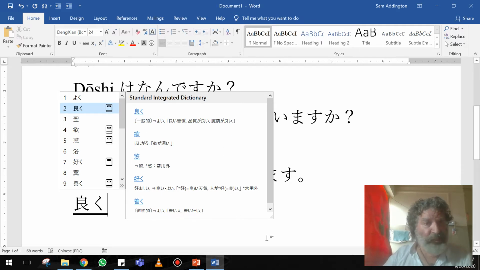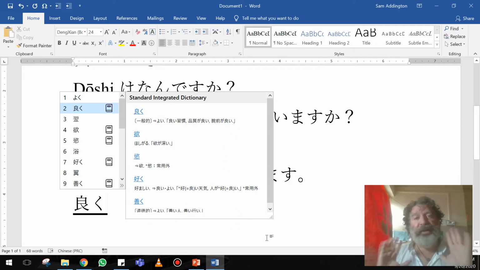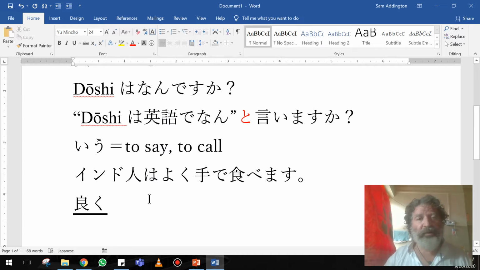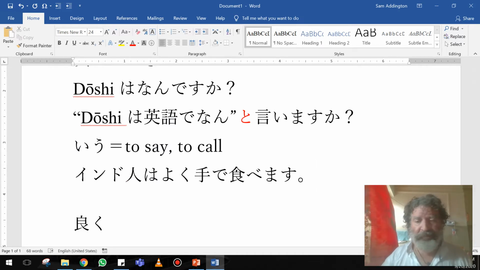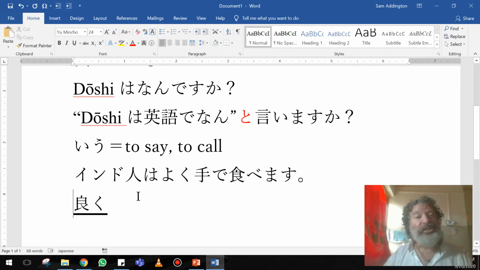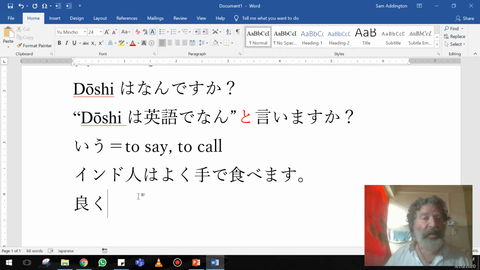If you want to take a screenshot of this, or better yet, go into the word processor and play with it yourself. So I could write it that way, yoku. It comes from the adjective yoi, which means good, but which is usually pronounced ii in normal everyday speech. In this case, it means often, frequently.